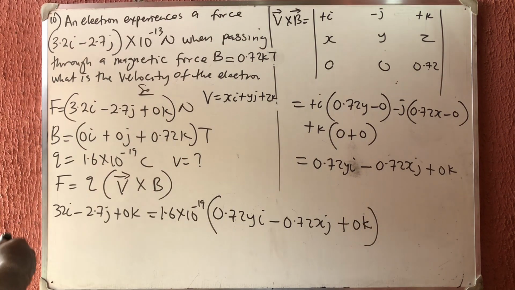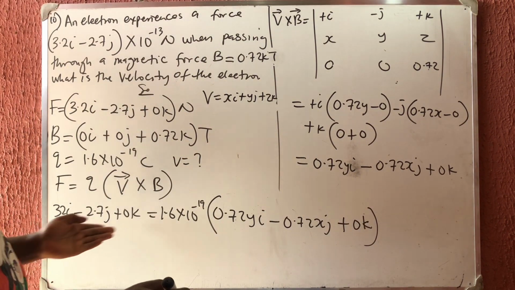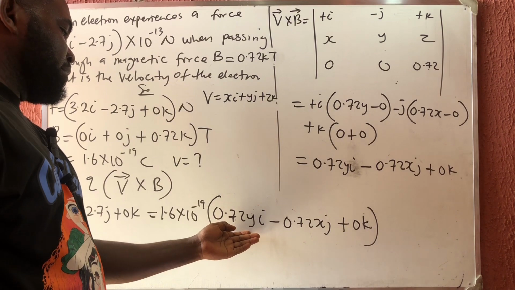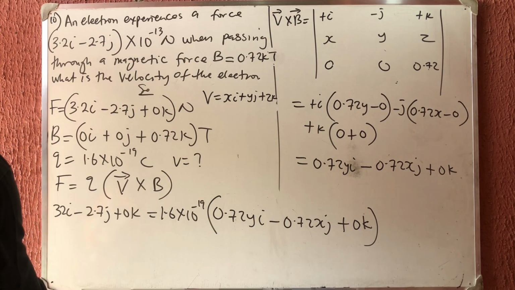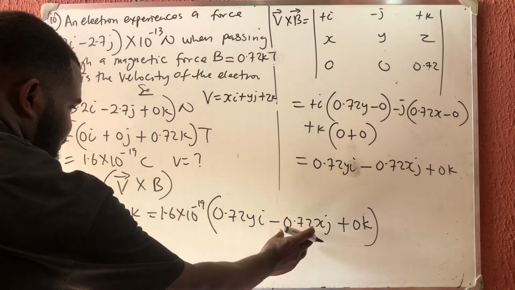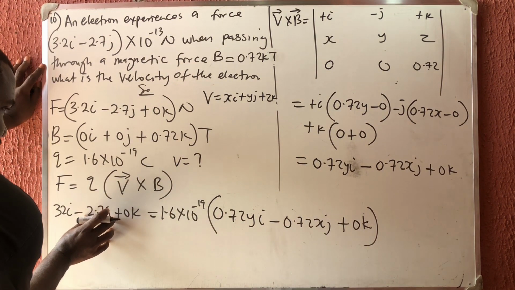Okay, so now you have to use this and multiply this. You have to clear the bracket, then start comparing. But if you don't want to clear the bracket and compare, this should be equal to this.